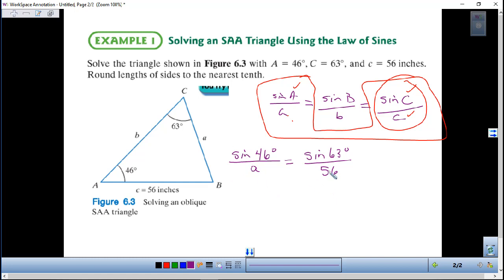Now, when we solve our proportion here, remember we're going to cross multiply. So we're going to have A times the sine of 63 degrees is equal to 56 times the sine of 46 degrees. Now I can find all this right here, and remember I'm looking for A, so I'm going to end up dividing both sides by the sine of 63 degrees.